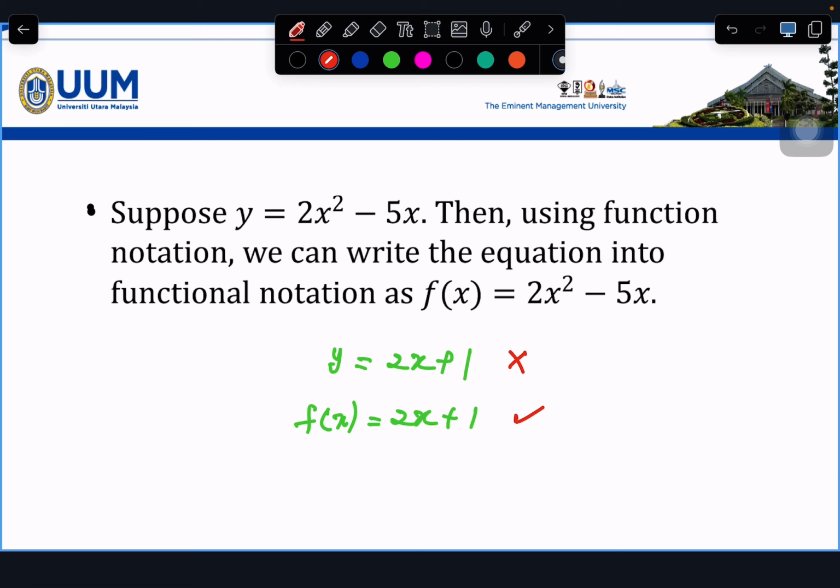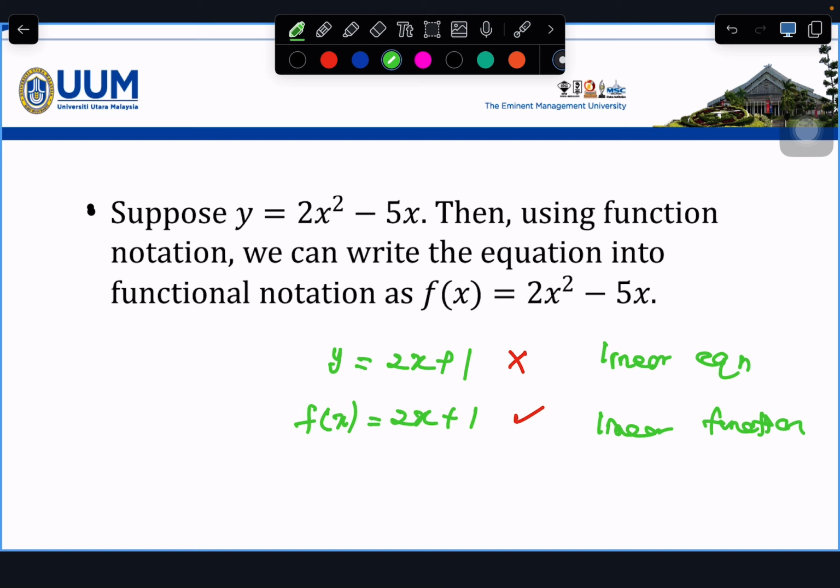And normally this one, how do we call this one? Normally we call it linear equations. Down here we call it linear functions, but they are almost the same, but the way we write is different.